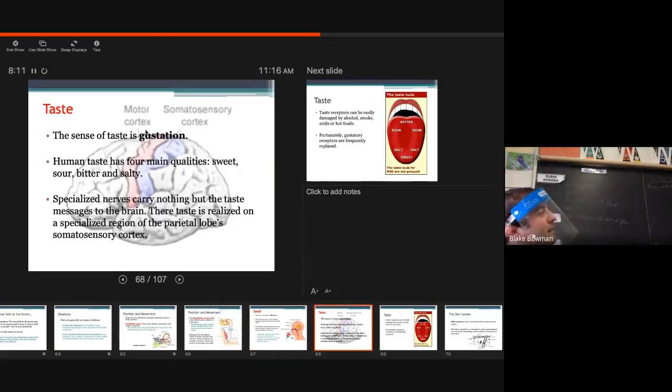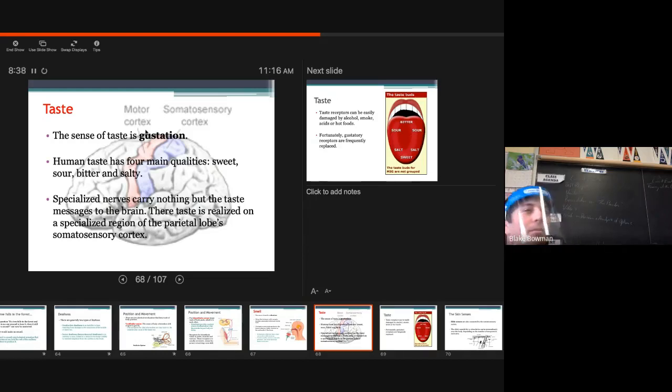All right, so taste is gustation. There are 4 main qualities: sweet, sour, bitter, and salty. And we all know if we bite our tongue for some reason. I did in wrestling one time. I was throwing a kid, and I landed and I bit my tongue, and the corners of it ripped off. I can still see it today a little bit. Oh, it hurts so bad.